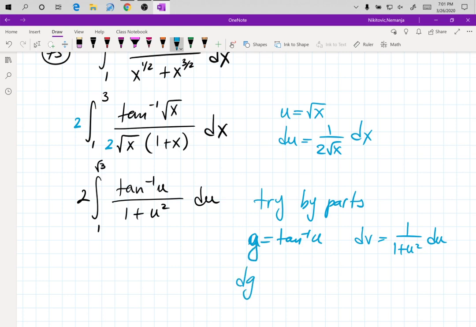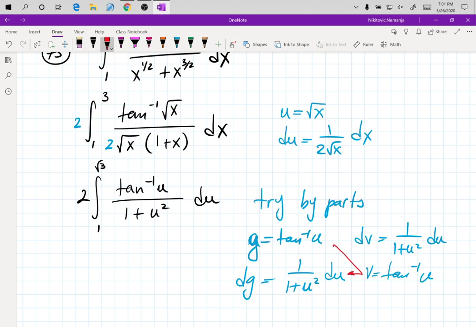So now dg would be the derivative of inverse tangent, which is 1 over 1 plus u squared du, and the integral over here would be tangent inverse of u. Now you're going to say, hold on, we did not achieve anything. Yeah, we had problems like that, where you don't achieve anything for 2 steps and then you figure out that you did achieve something eventually. So try integration by parts on this and see how it goes.